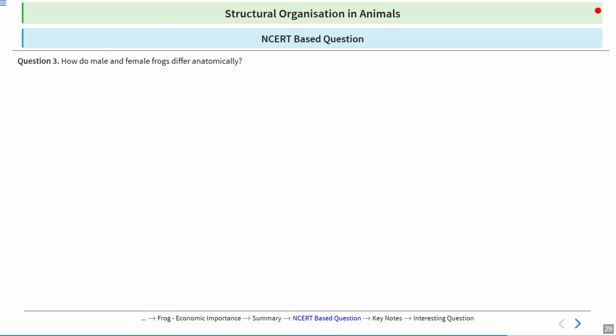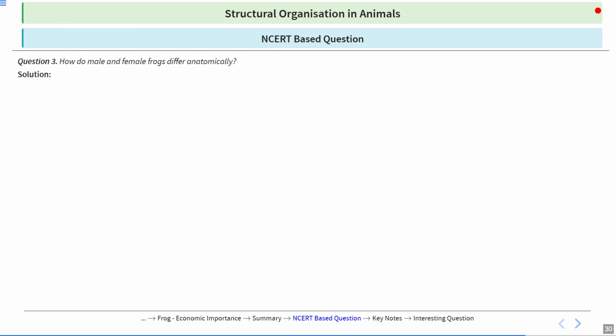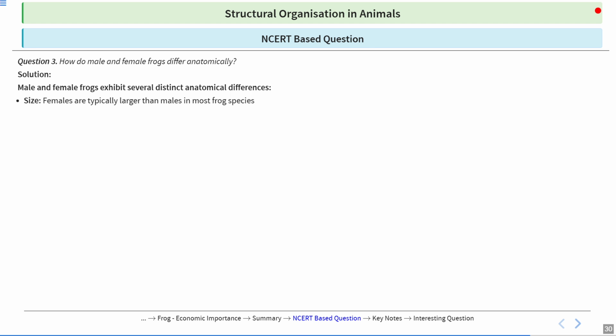Next question. How do male and female frogs differ anatomically? Let us see the answer. Males and females exhibit several distinct anatomical differences. Size: females are typically larger and males smaller in most frog species.